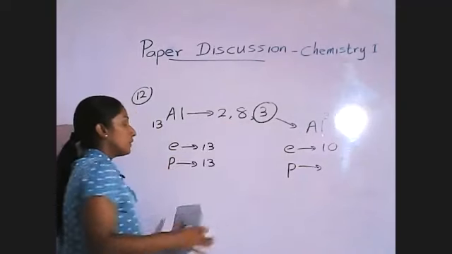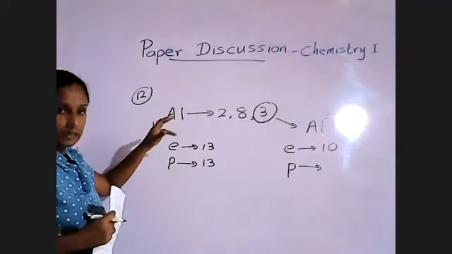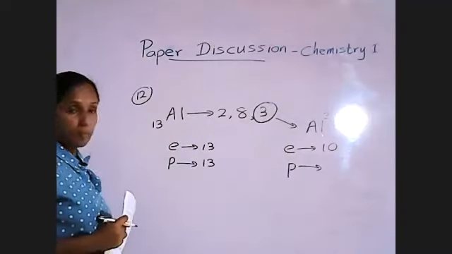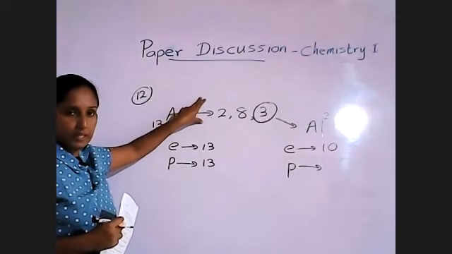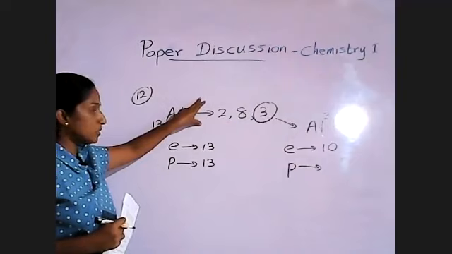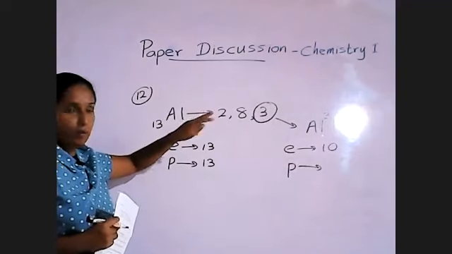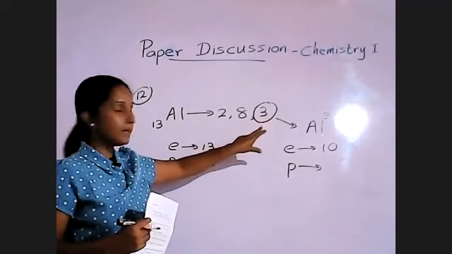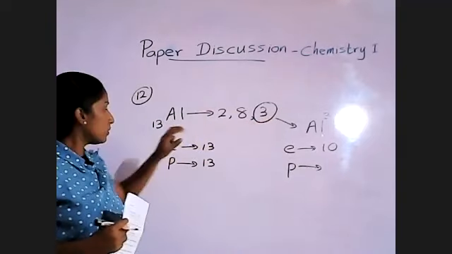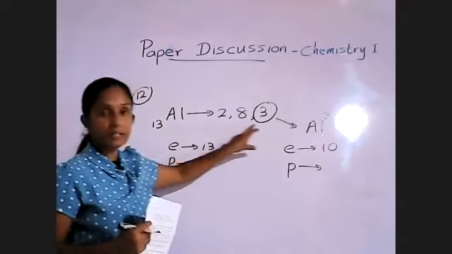All the atoms, except the noble gases, make the bonds to get the stable configuration, whether ionic or covalent bonds. So for making bonds, only the electrons are participating.